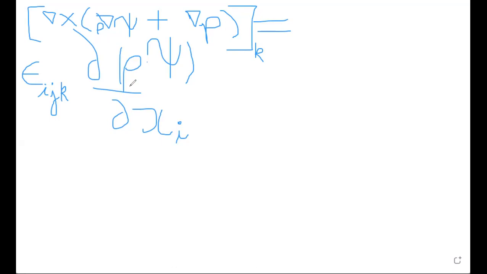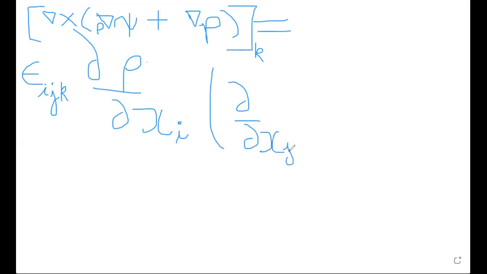Yeah, so I needed my gradient in there, so let me introduce another bracket here, and then have d by dx j of psi plus, actually it's better to have the rho there, and then d by dx j of p.